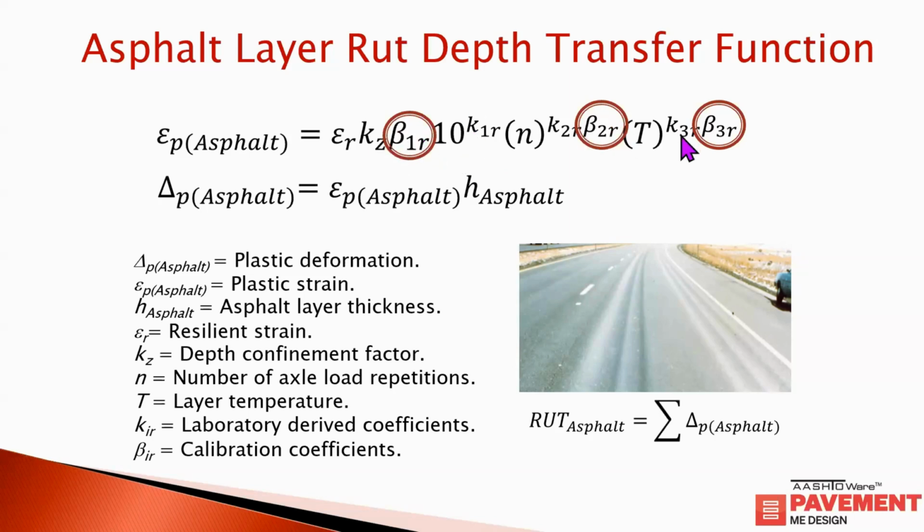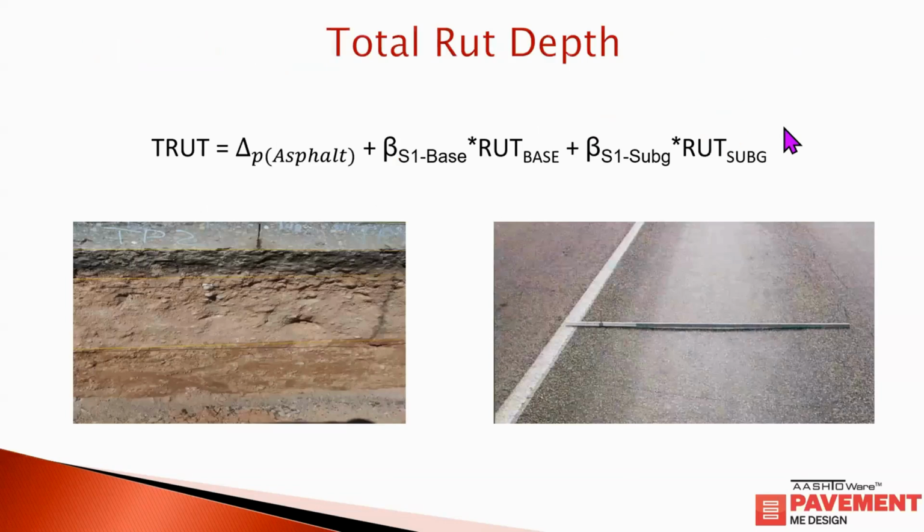Really what you want to look at are the beta coefficients, as we're relating the distress model directly to measured distress. And then similarly for base and subgrade, you're going to have a beta coefficient for each of those.